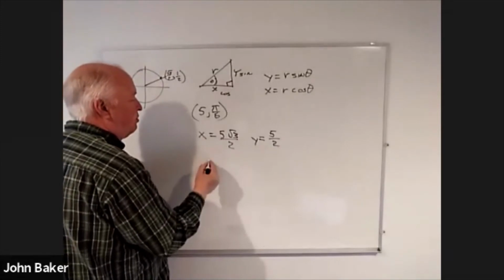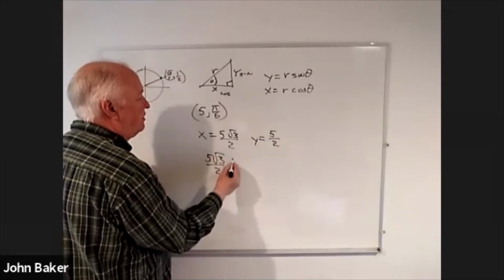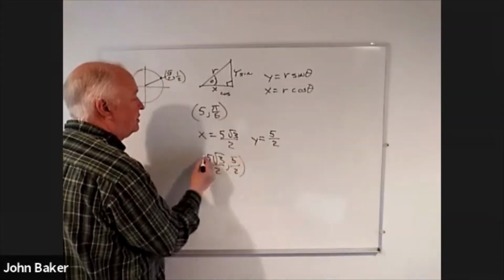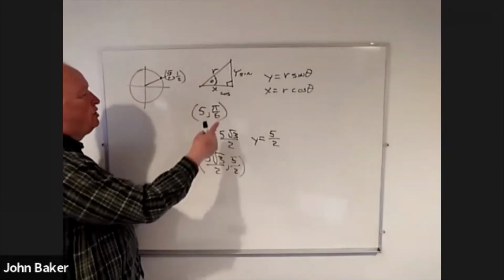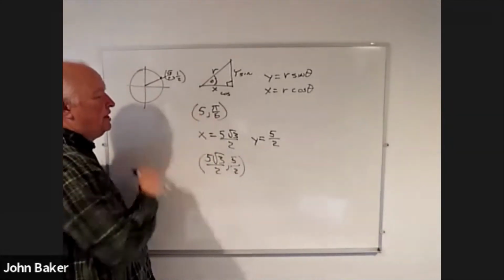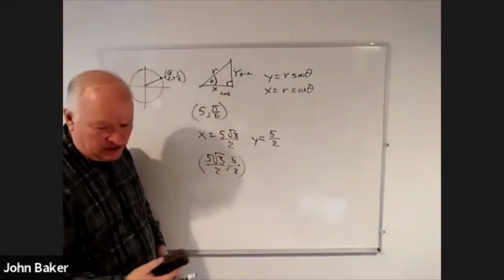And so I get the coordinates 5 square roots of 3 over 2, comma 5 over 2. And those are the x and y coordinates that correspond to the polar coordinates 5 comma pi over 6.